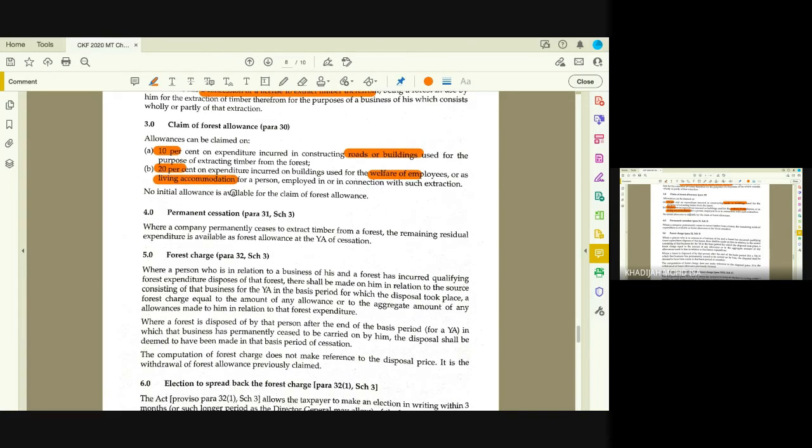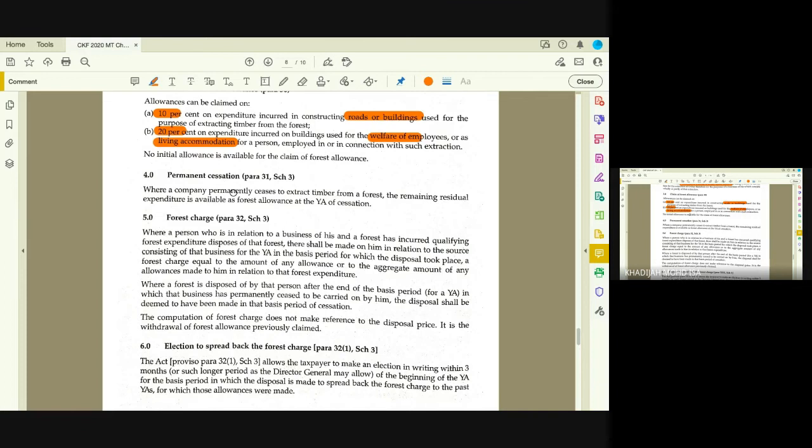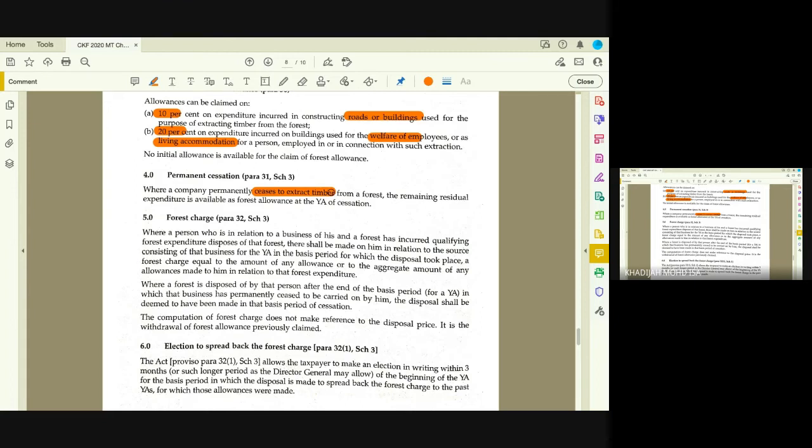What about permanent cessation? Where a company permanently ceases to extract timber, because timber is available only for a very limited period of time. You only have a certain number of timber that you can extract. So once you have ceased to extract timber from a forest, the remaining residual expenditure is available as a forest allowance.